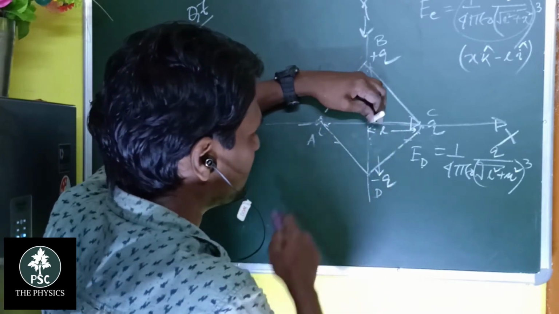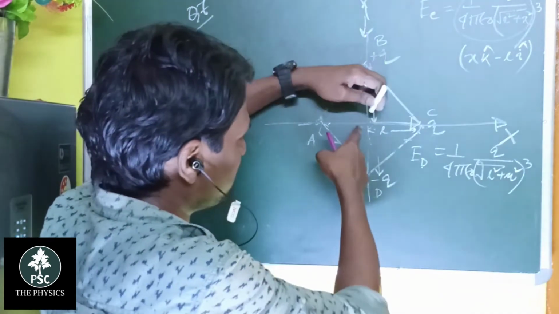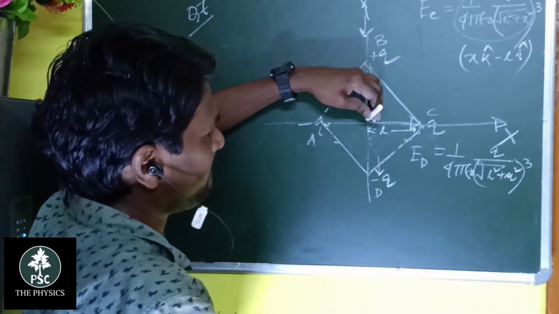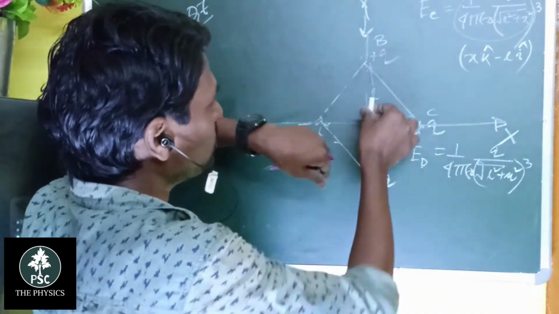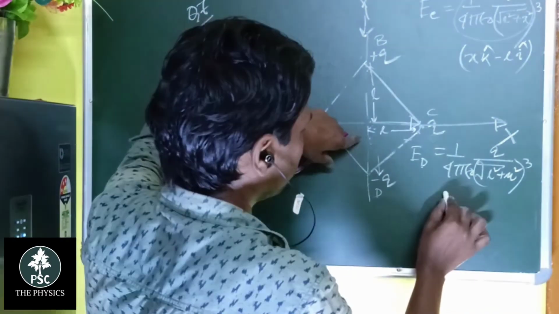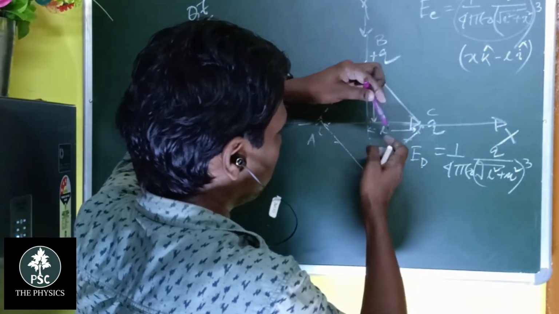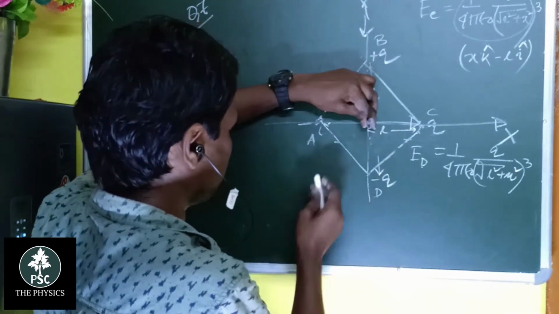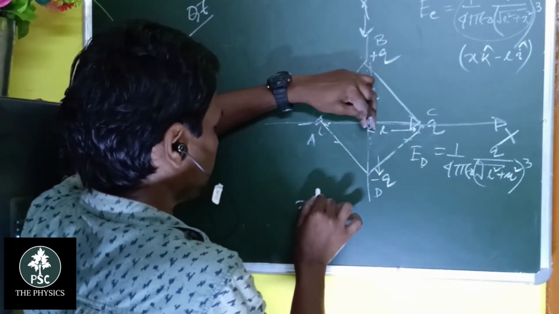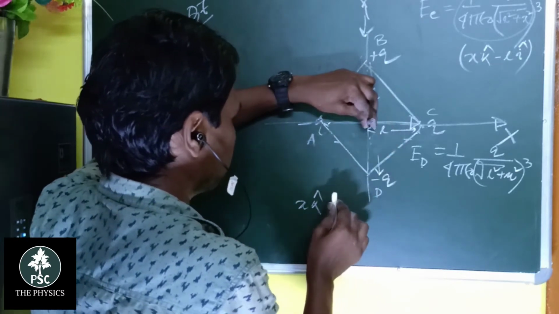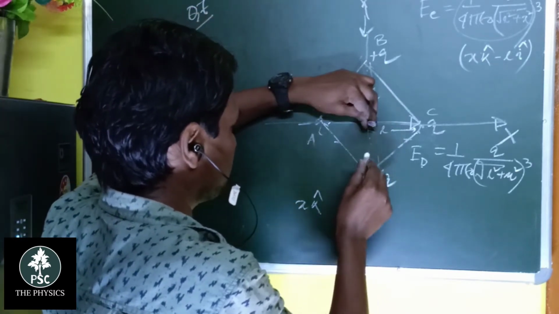So this one is minus L into, this is along j, so this is minus j. This one plus this one is x k cap, and then this is the resultant.